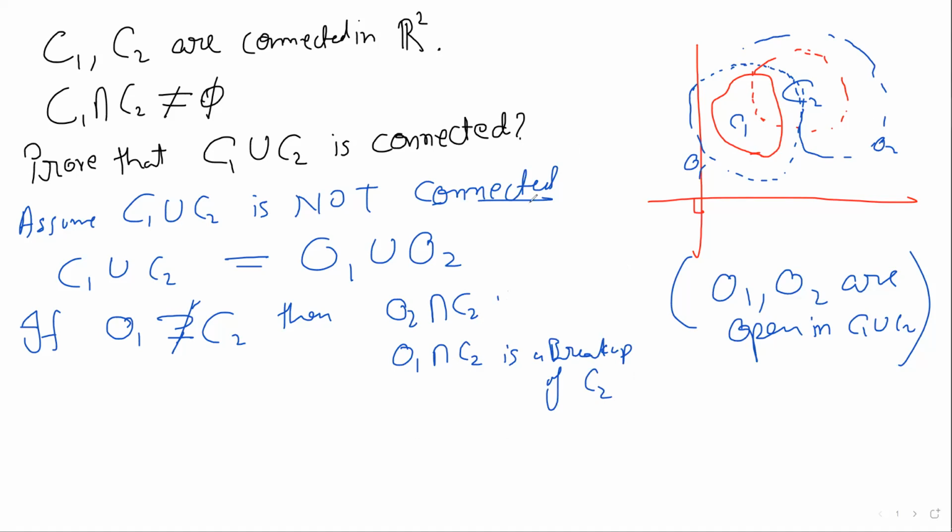So there are two things you have to show. First, that O2 intersection C2 is non-empty, and O1 intersection C2 is also non-empty, right? So is this true? If it's not true, then we will take some other case, right?